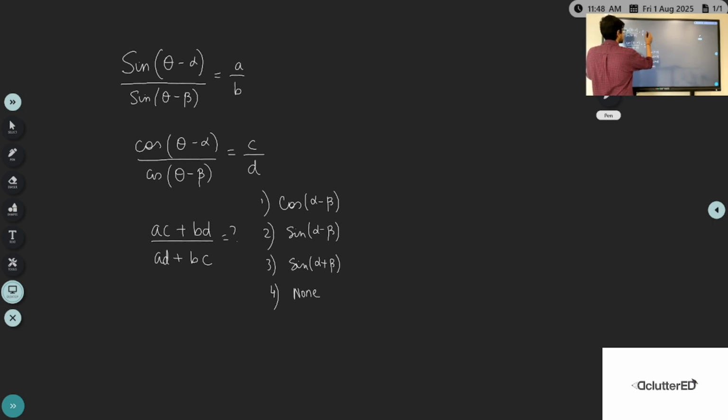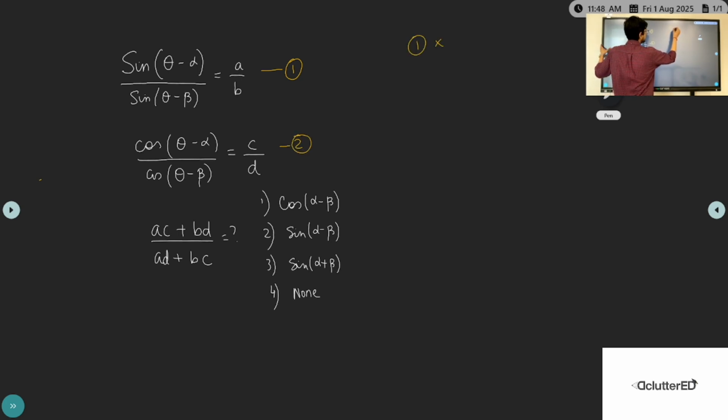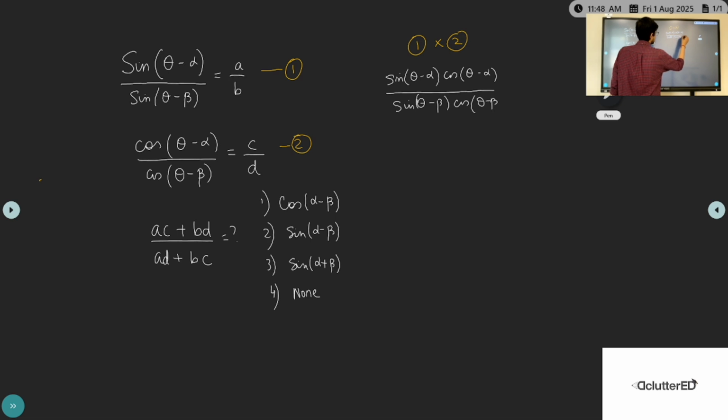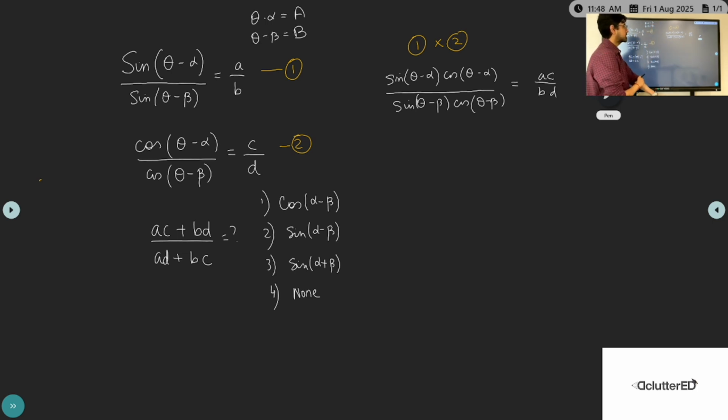If I treat these as expression 1 and expression 2, by simply doing 1 into 2, I have sine of theta minus alpha into cos of theta minus alpha by sine of theta minus beta into cos of theta minus beta is equal to AC by BD. Let's simplify the expression and say theta minus alpha is some A and theta minus beta is some B. This is the substitution I'm going to use.